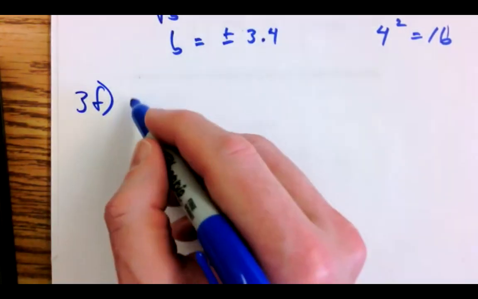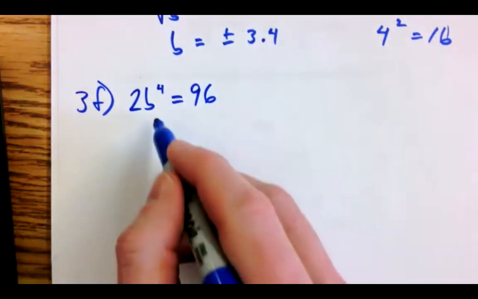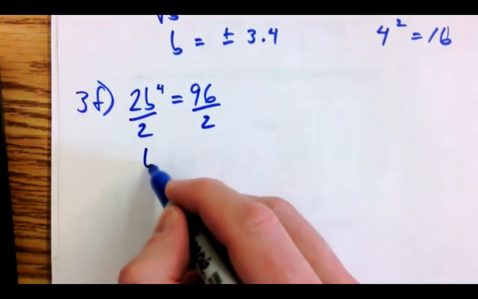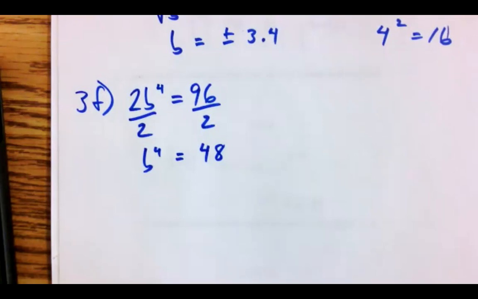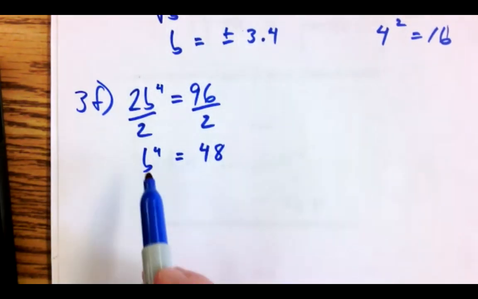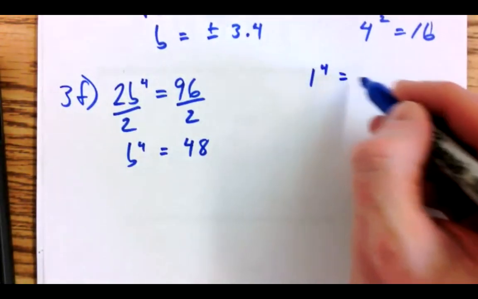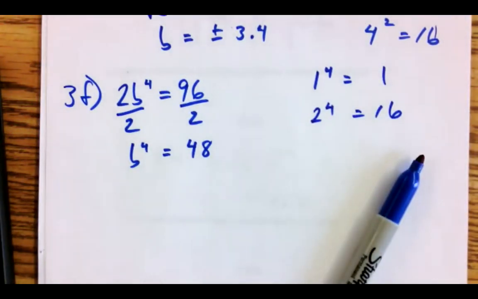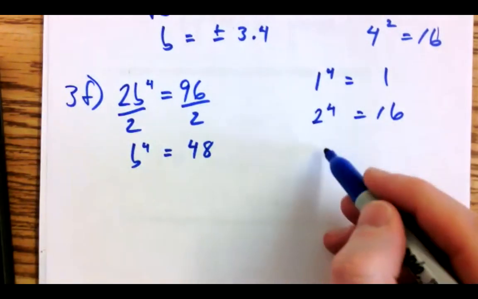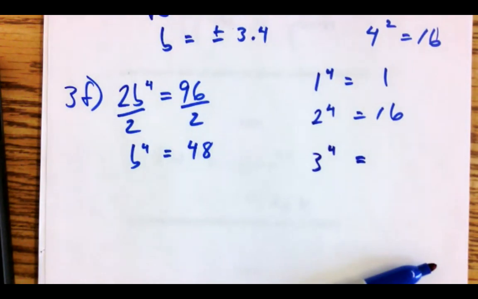3F says 2b to the 4 equals 96. First thing we do, divide both sides by 2. So now you've got b to the 4 equals 48. So now you have to think of numbers to the power of 4 and where this is going to fit in. 1 to the power 4, thankfully, is 1. 2 to the power 4 is 16. 2 times 2 is 4, times 2 is 8, times 2 is 16. 3 to the power of 4, you might need some little side math here, but 3 times 3 is 9, times 3 is 27, times 3 is 81.